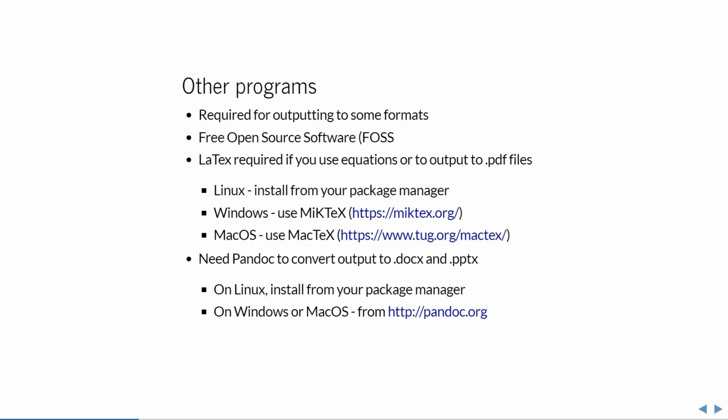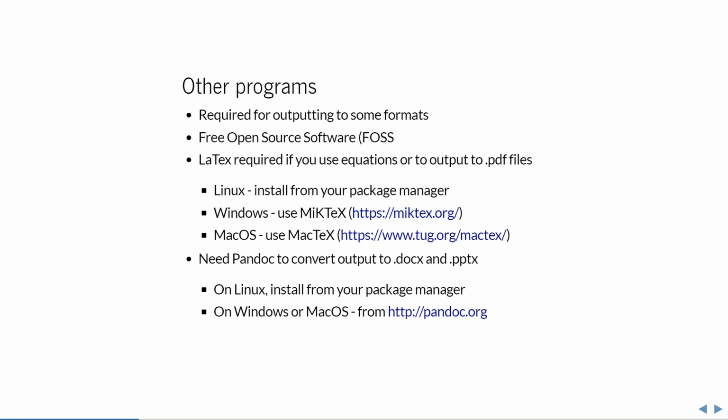So I mentioned several different output formats, and to use some of these, you have to add some extra software to your system. And these are all free open source software, so they don't cost anything to get. The first is that you need LaTeX if you want to use equations or if you want to output to a PDF file, because the two are related.